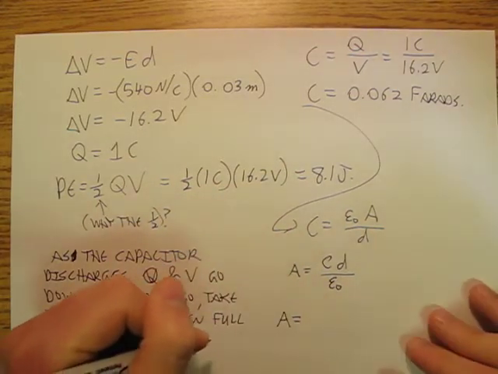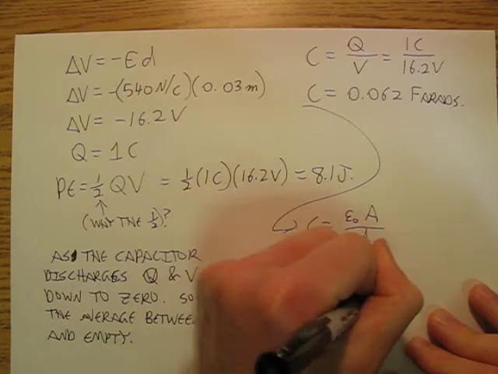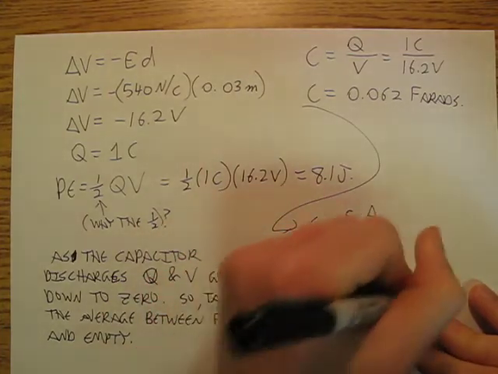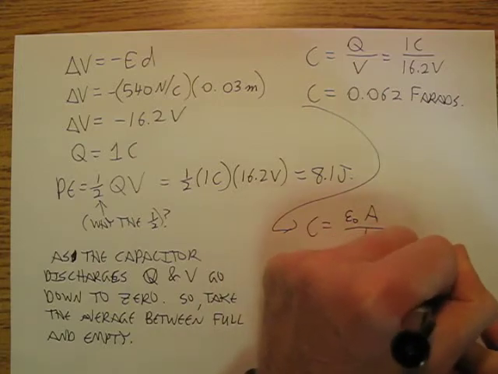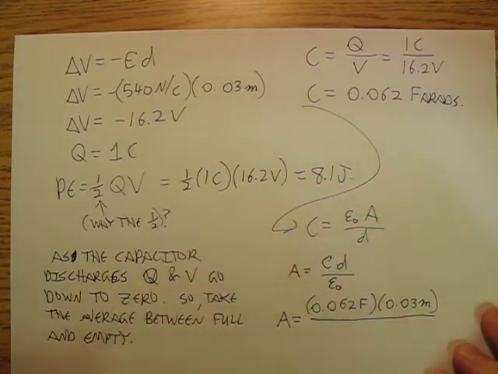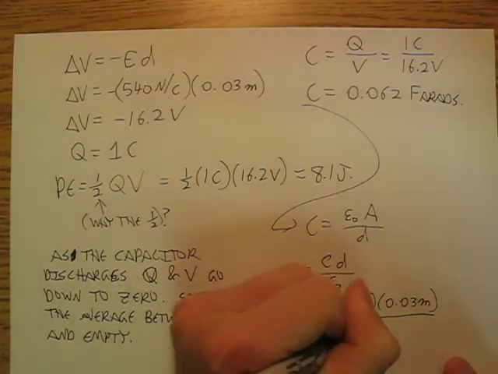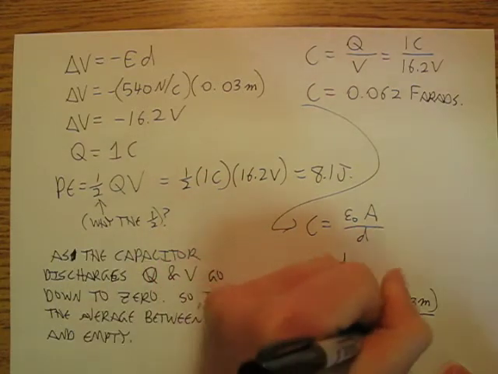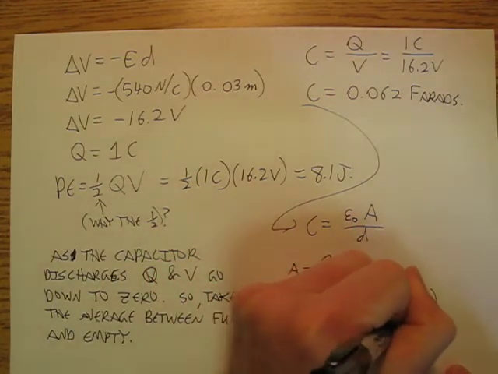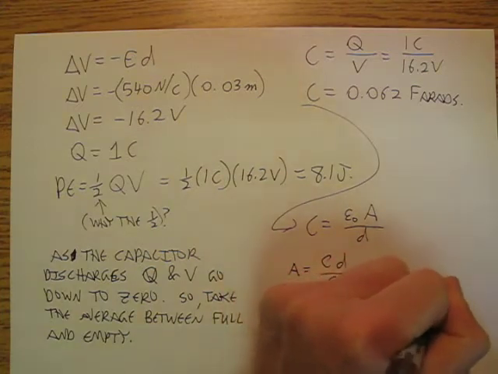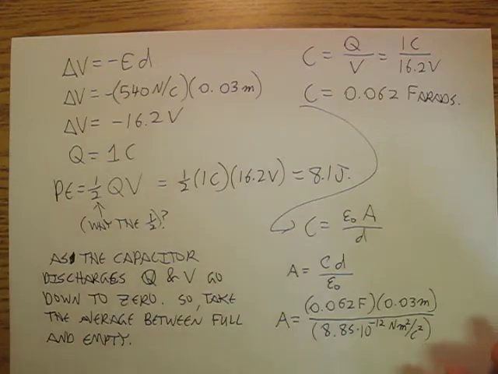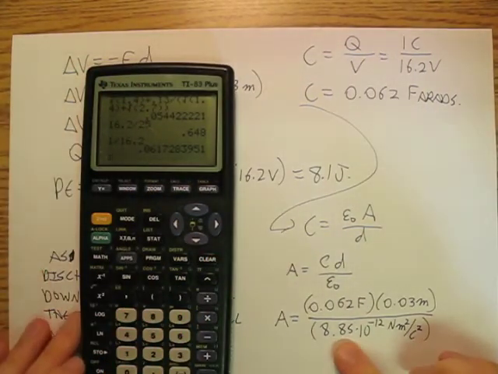So my area is going to be 0.062 farads times my distance of 0.03 meters, divided by my epsilon naught, as I said before. Let's see if I can find it again. It is 8.85 times 10 to the negative 12th, and that's what really scares me, because it's a really small number in the denominator.